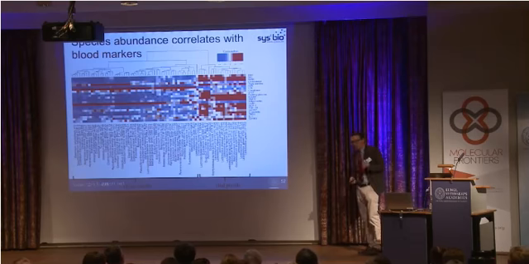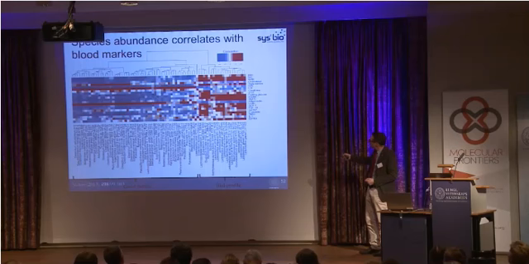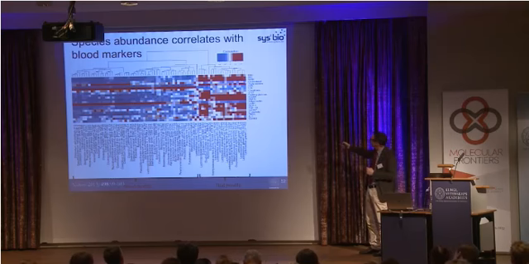Here's just an example of this correlation stuff. Here are all the different bacteria that we identified in subjects, and we were looking into subjects that have either type 2 diabetes or healthy controls. And then we were correlating what is the abundance of, for example, this bacteria here. If you have a high level of this bacteria, you normally also have high levels of many of these plasma markers here.